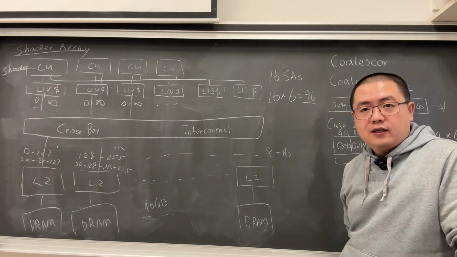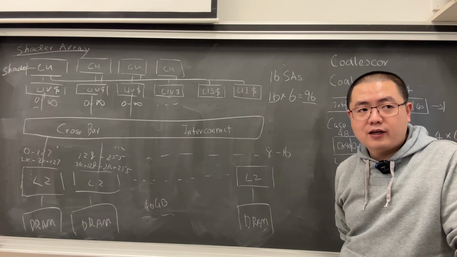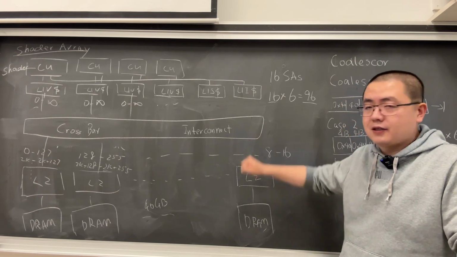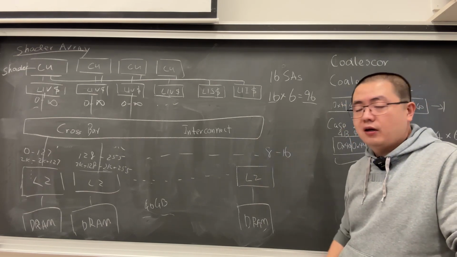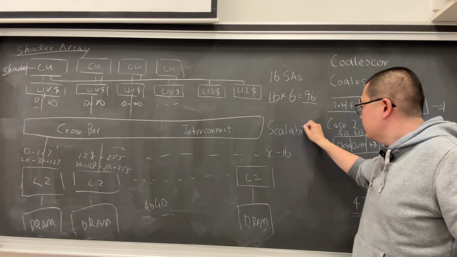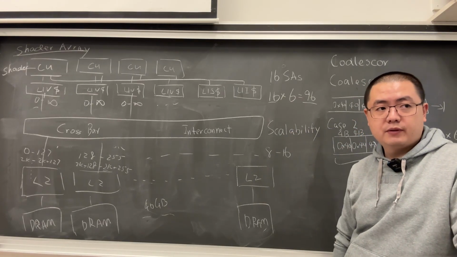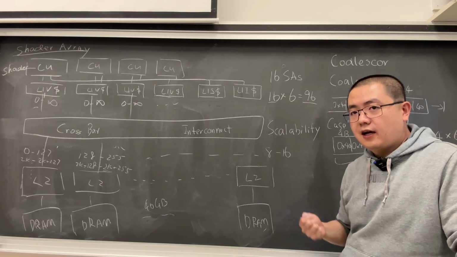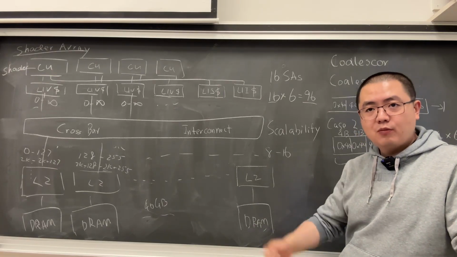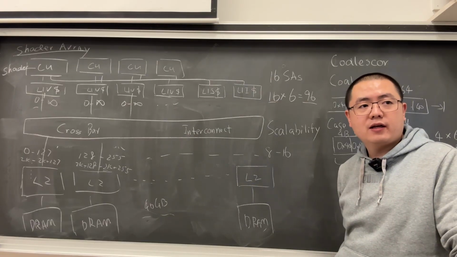Then something like H100, I don't really know the number, but it's quite a large number, 200 something, right? Is this crossbar still scalable? We call this a scalability problem, because as we keep adding more compute units and more L2 caches, one crossbar cannot hold.